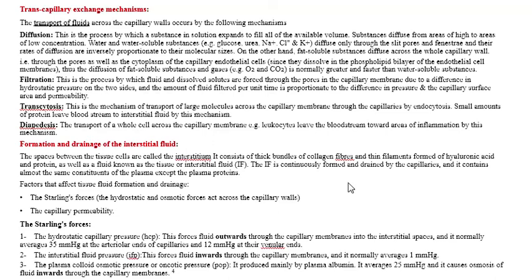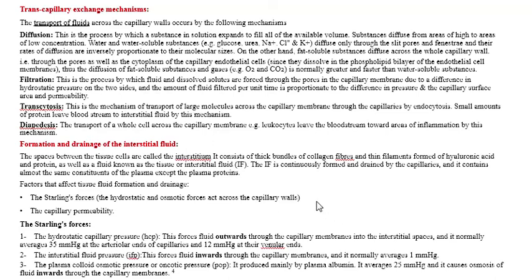The factors that affect tissue fluid formation and drainage are called the Starling forces. In addition to these forces, capillary permeability is also a factor that affects tissue fluid formation.